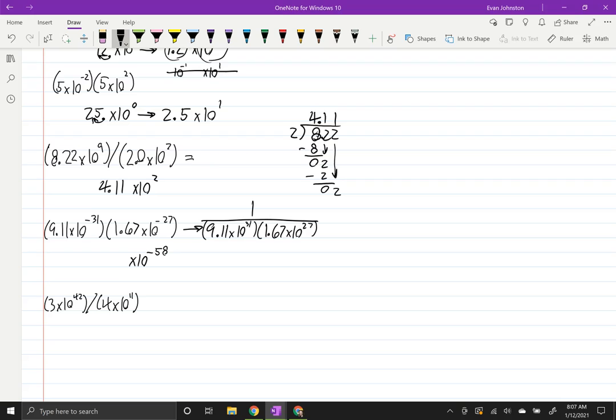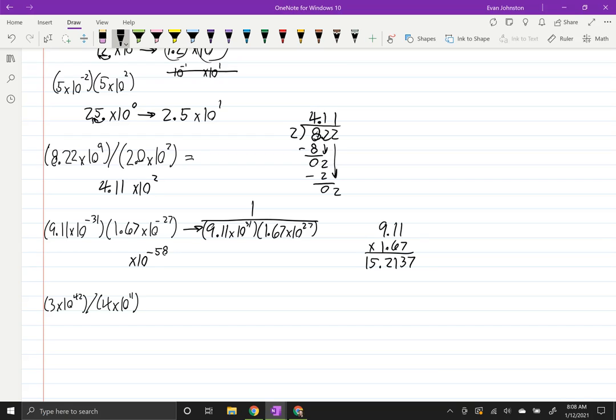As far as multiplying the rest, I'll save you the tedium, but we could have done 9.11 times 1.67, and you would find we get something like 15.2137.